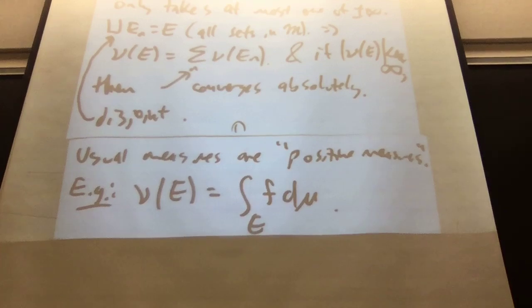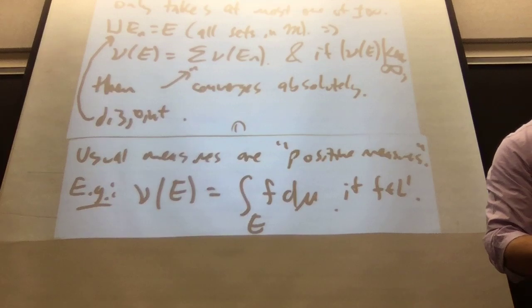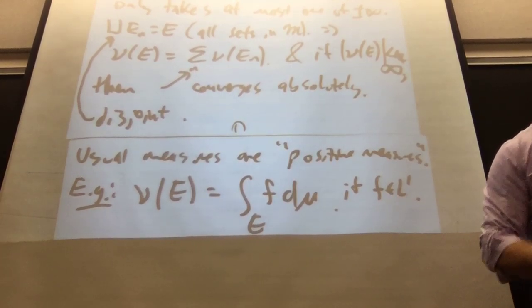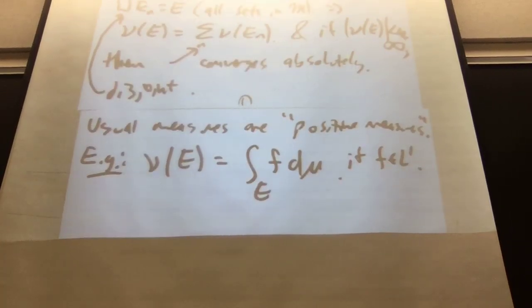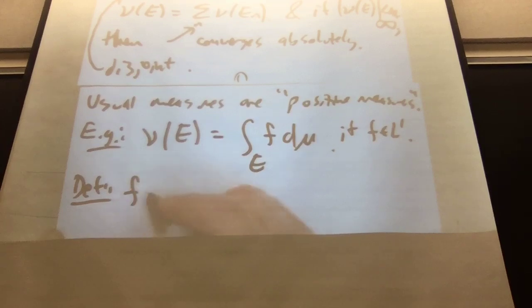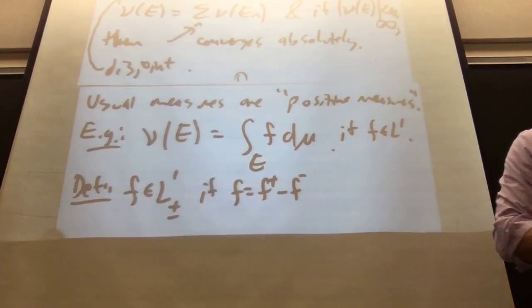And then what about the negative infinities and positive infinities? Right, so it's L1, so if it's L1, then that's not an issue. Let's define extended L1 to exactly deal with this. Definition: f is in extended L1 if, remember, f is f plus minus f minus. f is a real valued function.